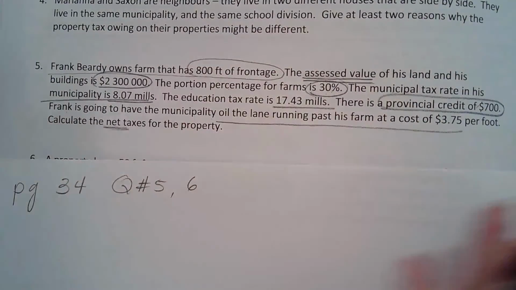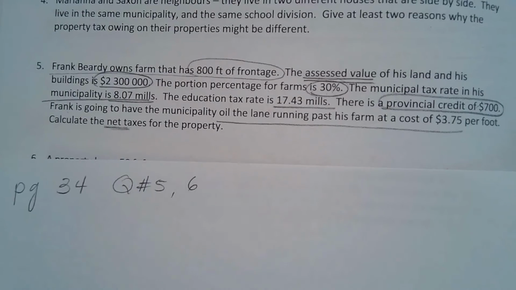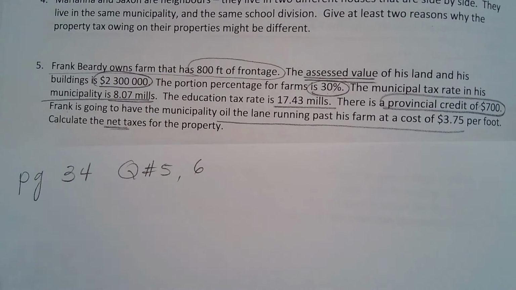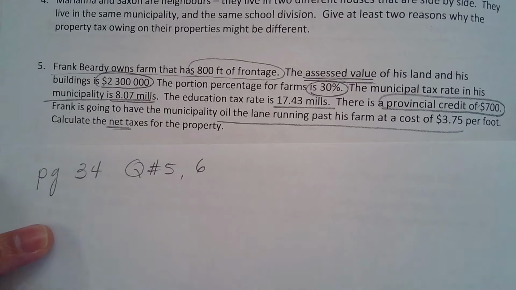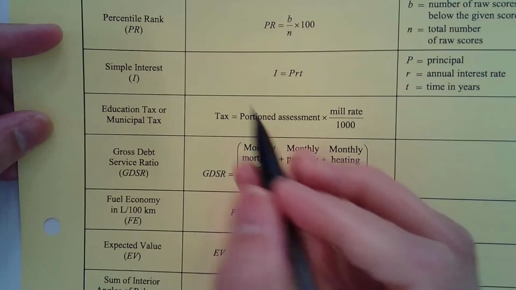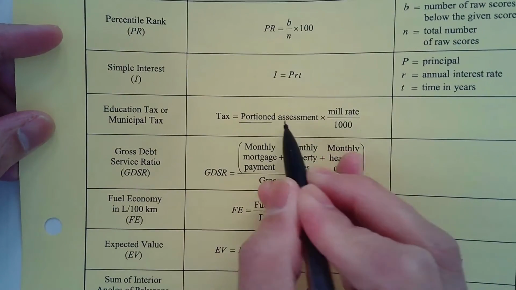As you can see, this is really a big question, because there are so many layers to it. The very first thing we have to do, and the more I point this out, the more you become familiar with it: when we calculate taxes, we're going to be using the portion assessment.